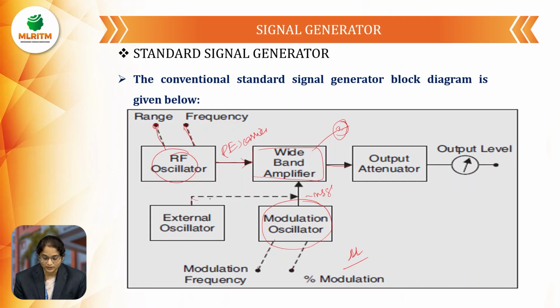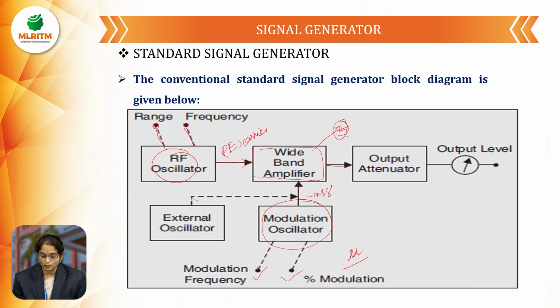Here we can give an external oscillator if the signal has low frequency or amplitude, and we set the particular modulation frequency with the help of these two knobs. That message signal is given to the wideband amplifier.